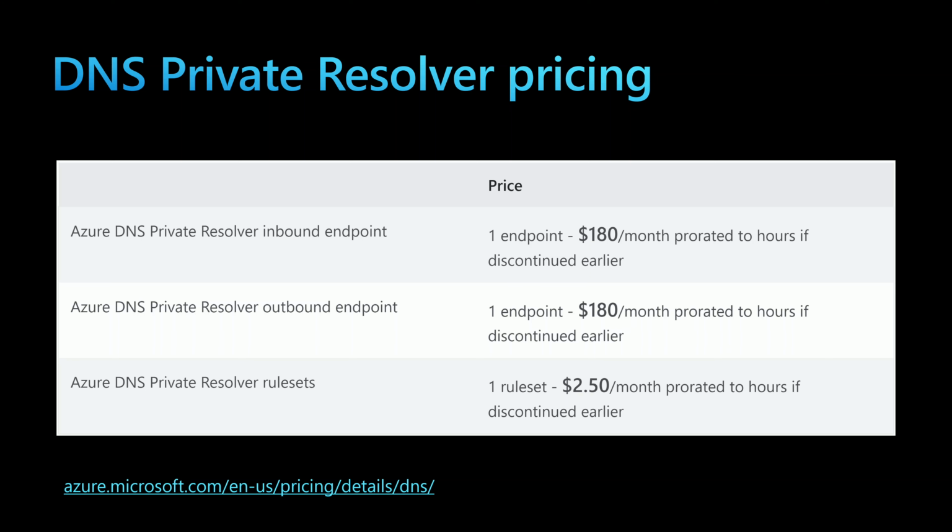This means that if you create a DNS private resolver with one inbound endpoint, one outbound endpoint, and one rule set, it will cost you about $362. Here I have provided a sample to estimate the cost of this service. The pricing in Azure actually depends on the Azure region, and the pricing might also evolve and change over time. So make sure to always check the pricing details page for each service.